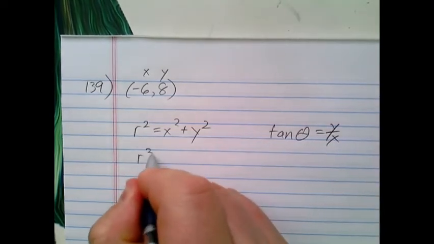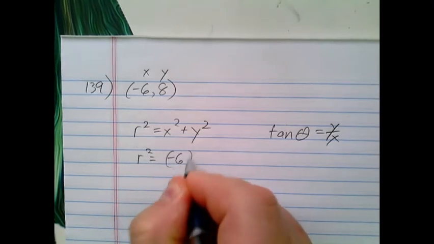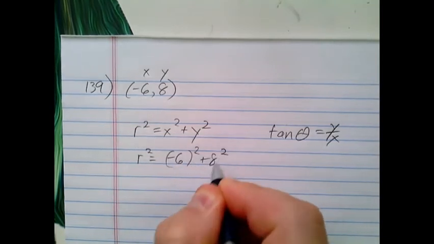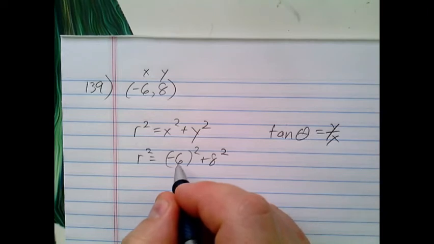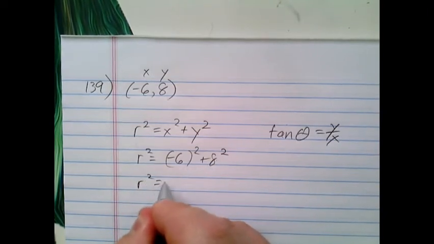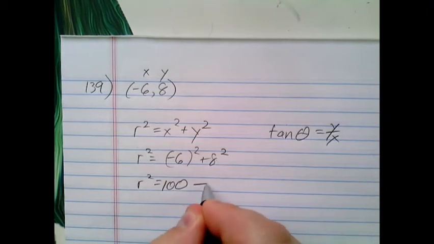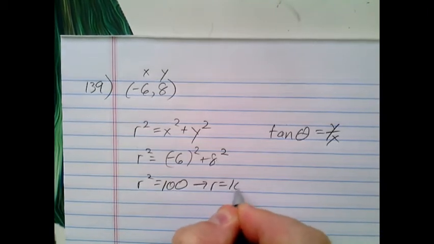So r squared equals (-6) squared plus 8 squared. That's 36 plus 64, so r squared equals 100. Oh, r is 10.